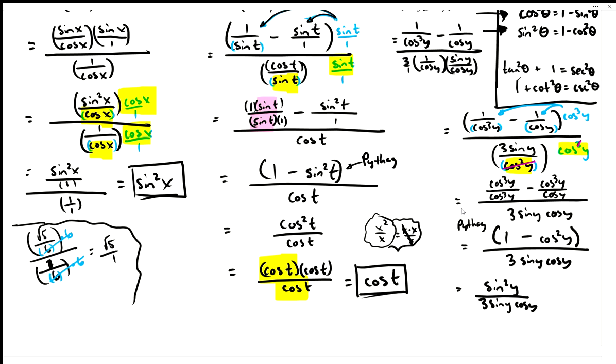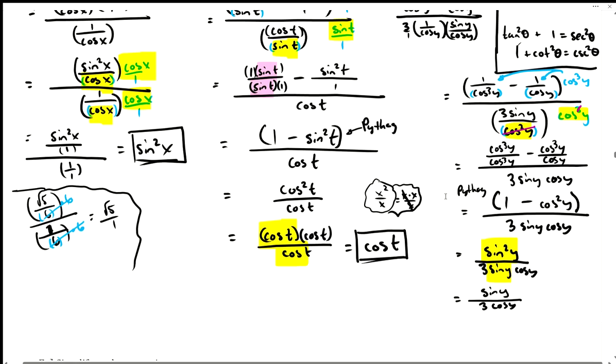Now that it's all multiplication in this fraction, we can do one last simplifying. This sine squared of y and that sine of y reduce. So we would be left with, in the numerator, sine of y. In the denominator, 3 cosine of y.